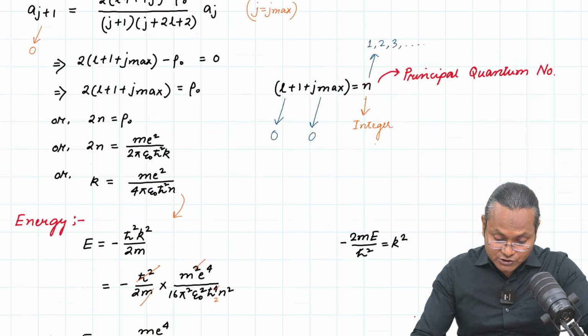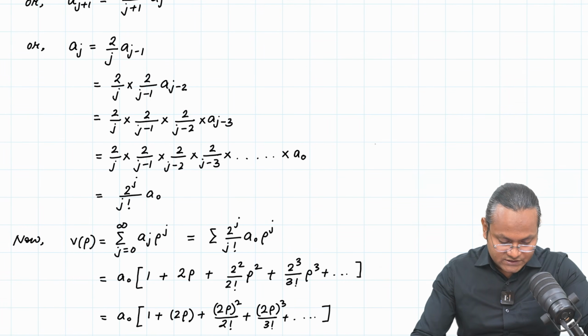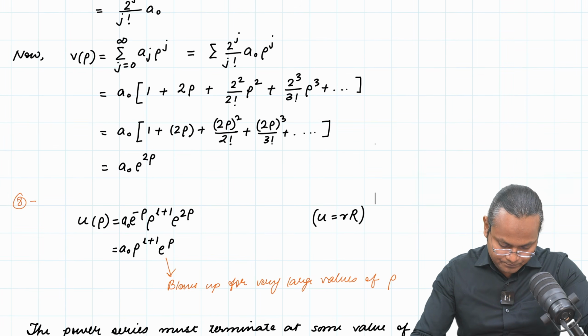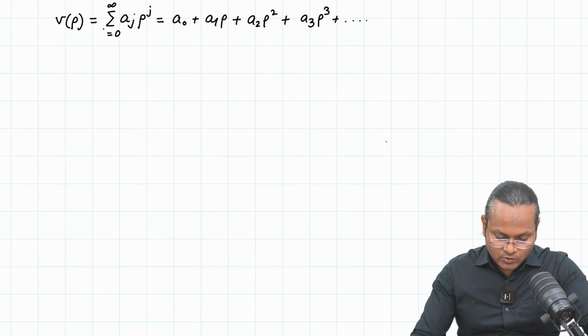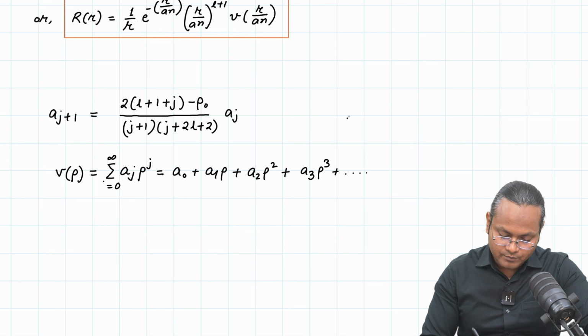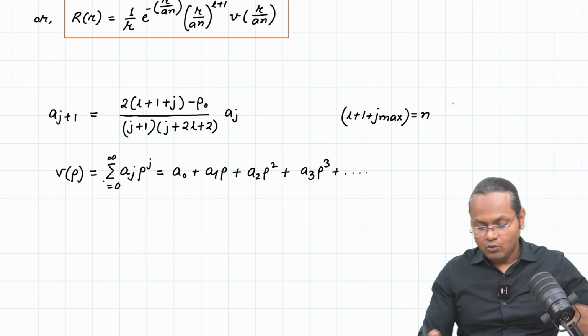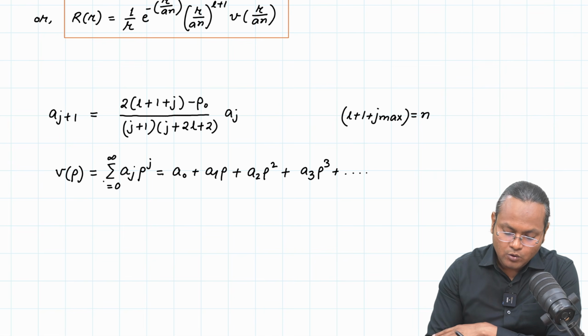Here we have again mentioned that the termination happens for L plus 1 plus J max equals N. Now, the lowest possible value of L is, of course, 0.